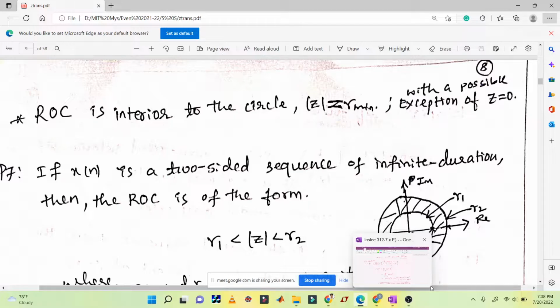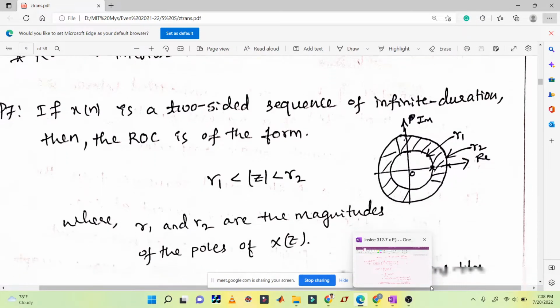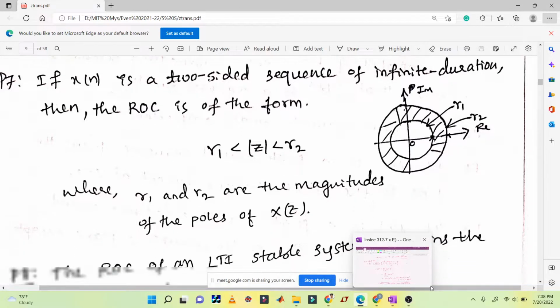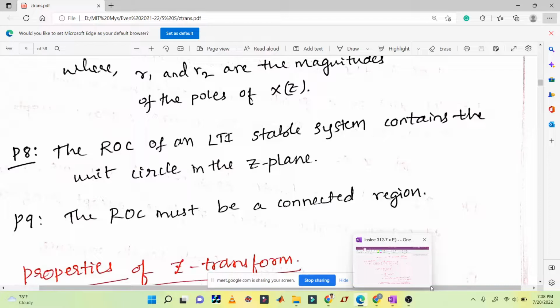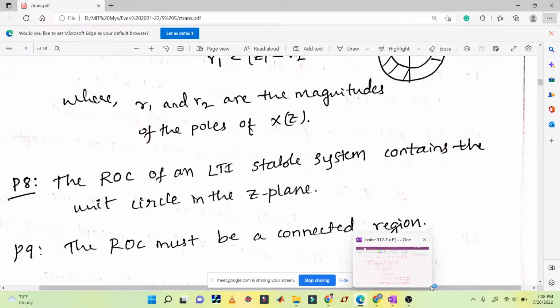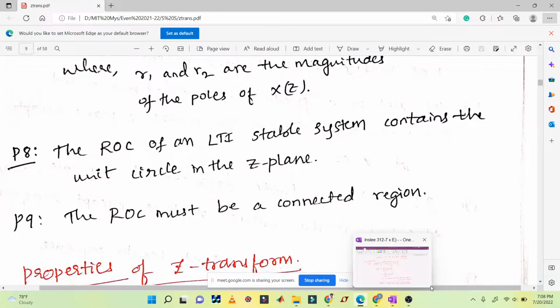There R maximum. If two-sided, ROC will lie between two circles, that is R1 will be minimum, R2 will be maximum. In between that, we have the ROC for the given x of n, that is when we find out X of z, for that ROC will be between R1 and R2. Then for a stable system, ROC contains the unit circle.